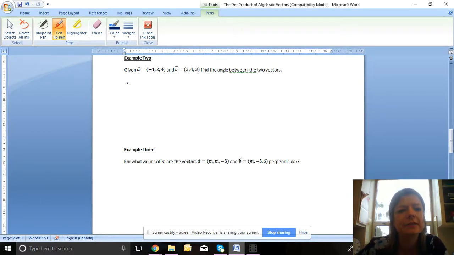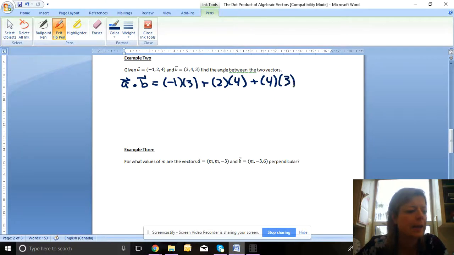So let's do that. So first let's find the dot product between these two vectors. So it's -1 times 3 plus 2 times 4 plus 4 times 3. And that gives us 17 when we add that and collect. Okay, so that's the dot product. Then remember the magnitude of A is just the square root of -1 squared plus 2 squared plus 4 squared.